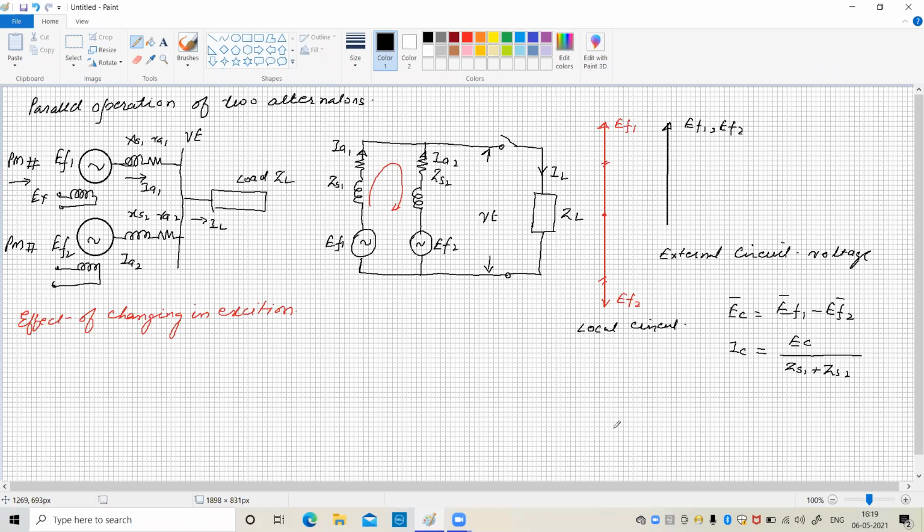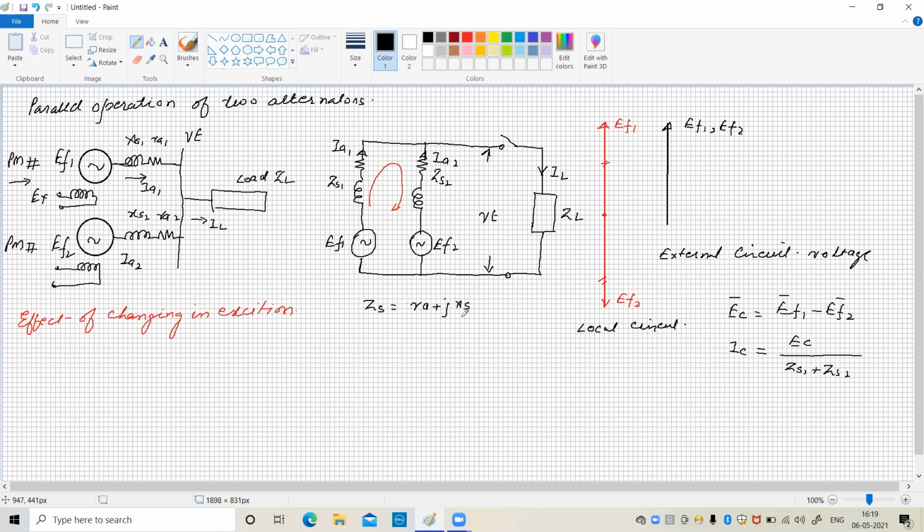In some previous lectures, we came to know that the impedance of the alternator, Zs, is equal to the armature resistance Ra plus jXs, the synchronous reactance.